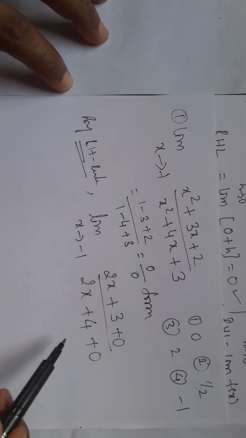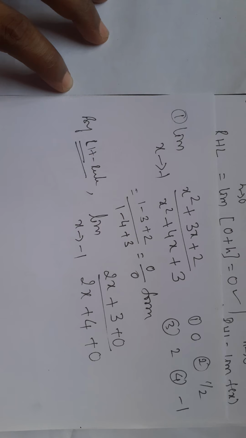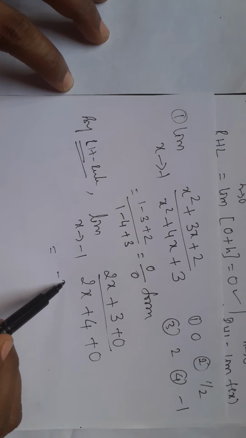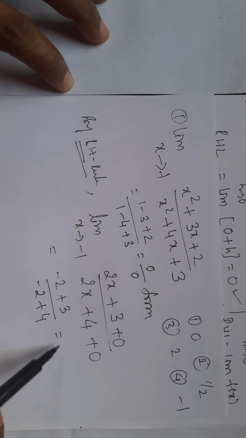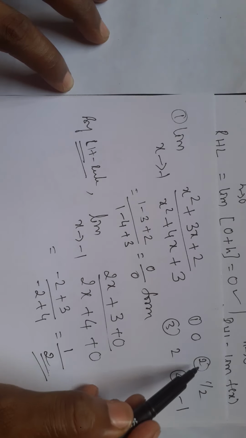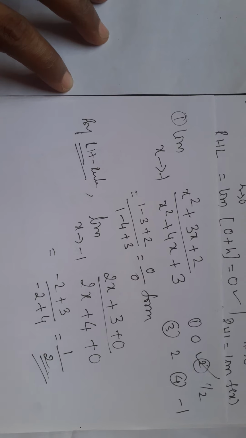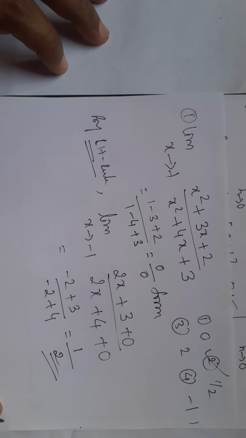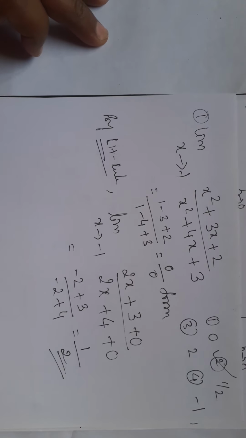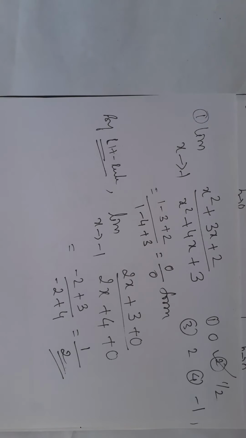I'll put x approaches minus 1. We are getting 2 into minus 1 minus 2, plus 3 gives 1, and minus 2 plus 4 gives 2. So the answer is 1 by 2. Option 2 is the answer. This is the technique of using L'Hopital's rule, differentiating the numerator and denominator separately. Got it?